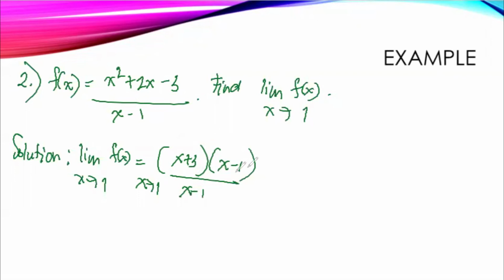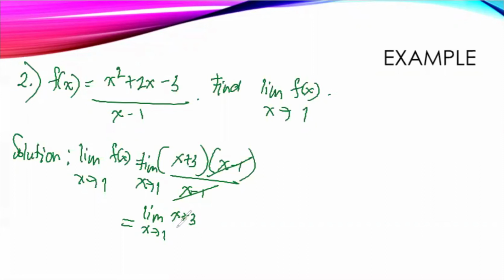So we have to simplify this one. So this can be canceled. By the way, we have to put the limit here. So this is only equal to the limit of x plus 3 as x approaches 1.